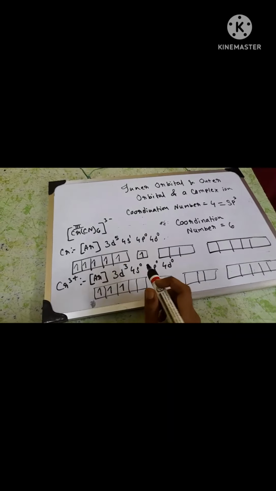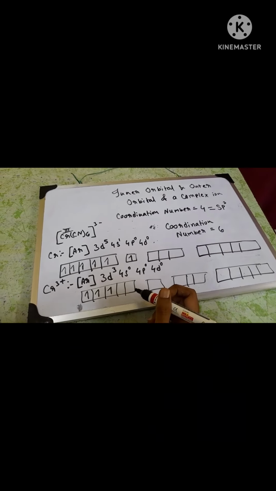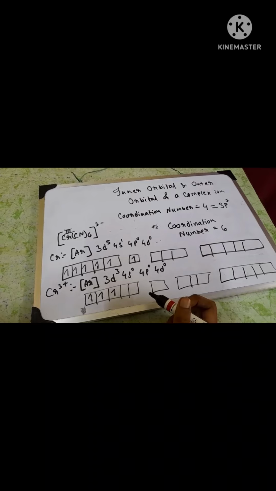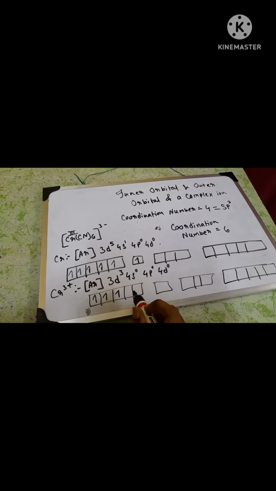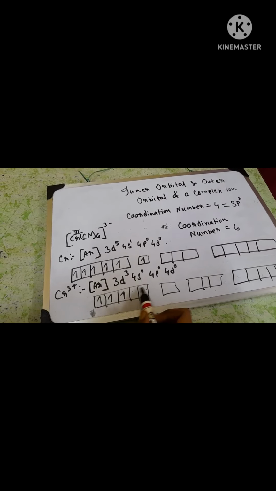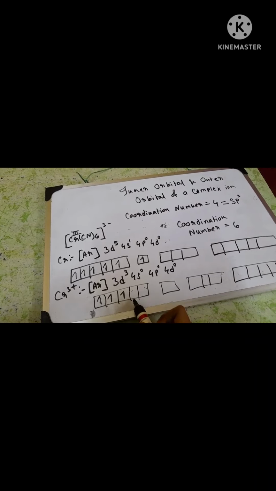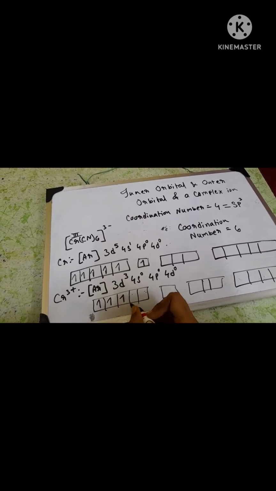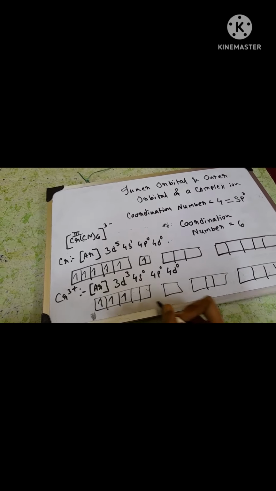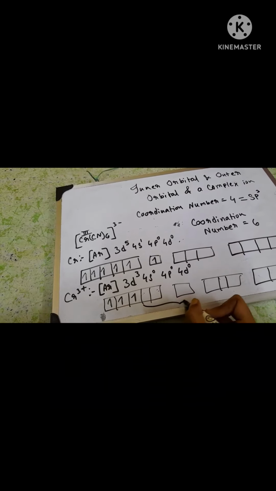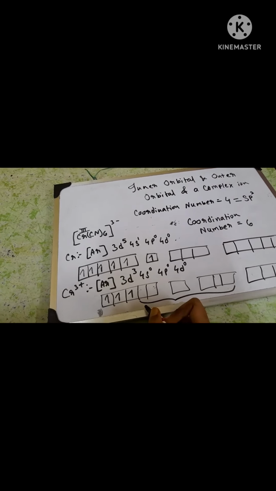So is it inner or outer? What do you think? This is an inner orbital complex because here 2 orbitals become vacant. d2sp3, I think. 2, 3, 4, 5, 6. Yes, d2sp3, that is here.